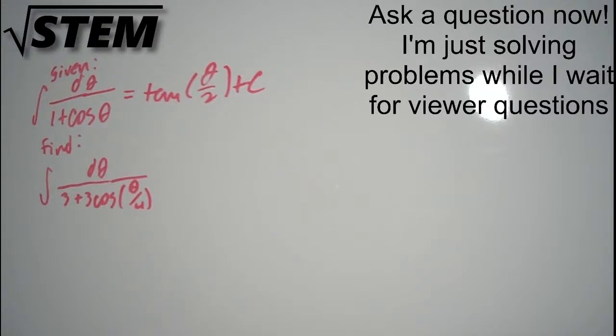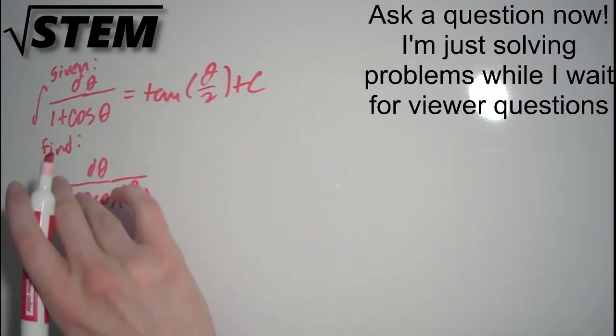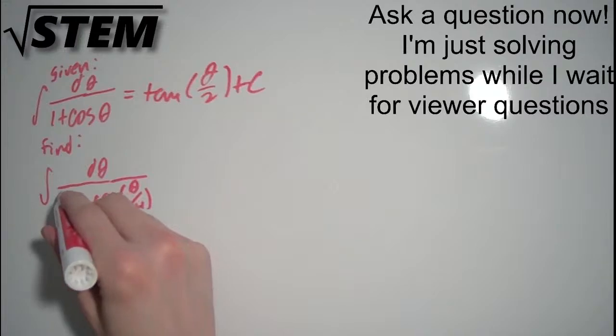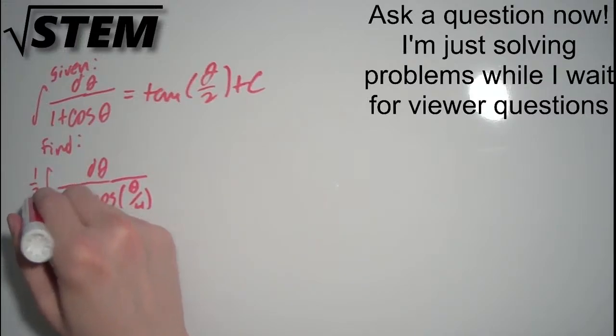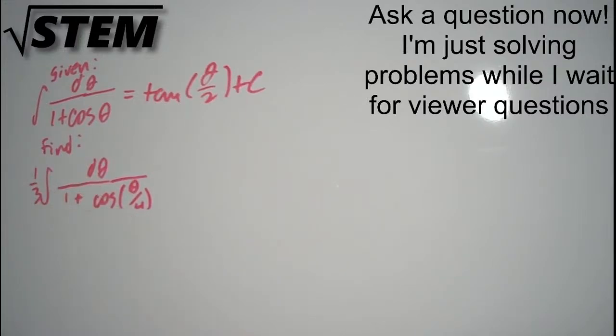Okay. So, first we want to factor out these 3's, of course. So we get a 1/3 out in front of this integral. And this relationship is only for regular theta, so we need to do a substitution here.